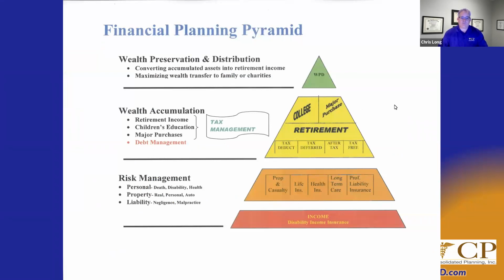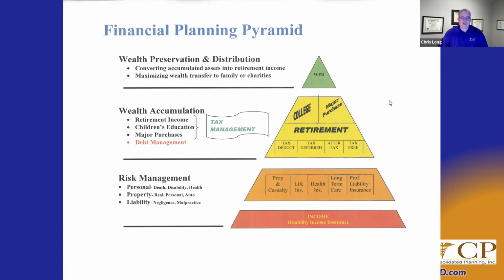And I think the best way to frame disability insurance is to look at this pyramid that talks about the different aspects of financial planning, or at least I like the way I think this puts things in the proper order. At the bottom of this pyramid, we can see we've got income. And I think it's just real easy to visualize that without income, you can't do anything else up above.